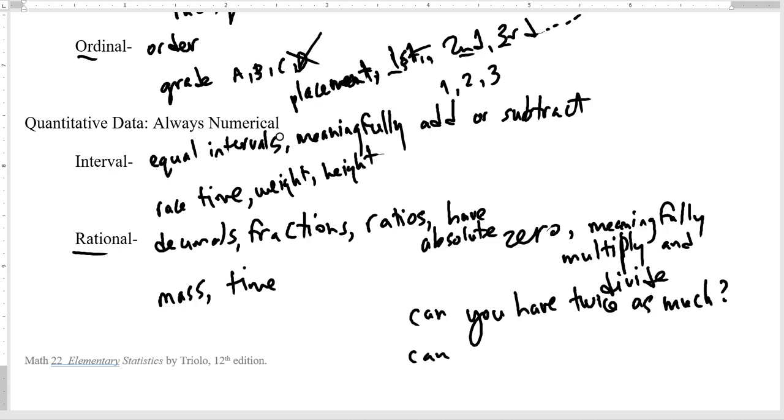Can you have half as much? So when I look at this and I say, okay, when we're talking about weight, can somebody weigh twice as much as you? Can they weigh half as much as you? Yeah, then that would probably go down here. Can somebody take twice as long, half as long? Yeah.